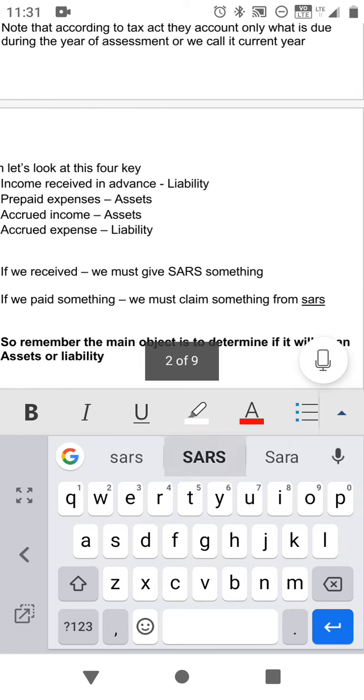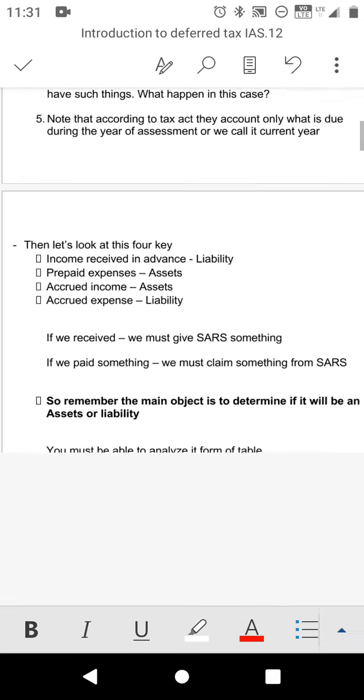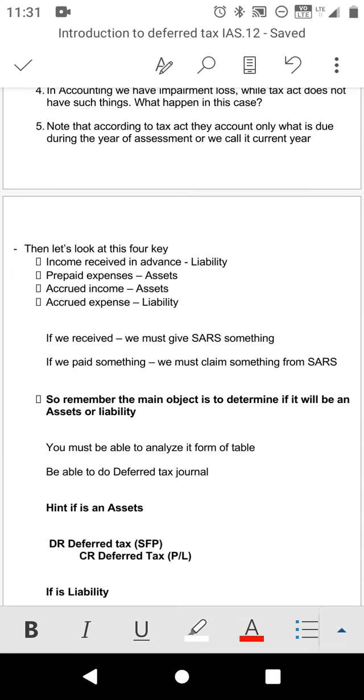Okay, from this we can analyze so that you can understand where we are going now. If we receive something, it's an asset to us. It's a bank, right? Then the principle says if we receive, we must give SARS, which means that what we receive is an asset, but what we give SARS is a liability.